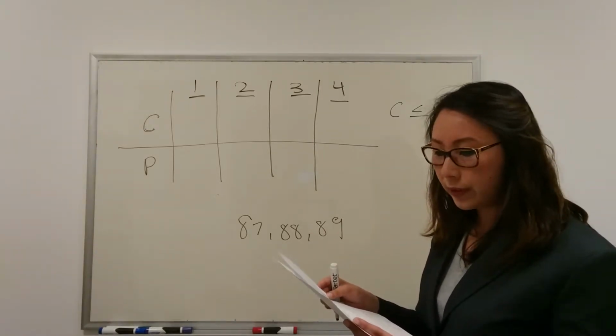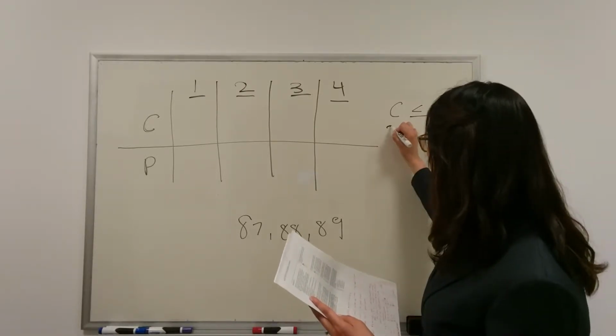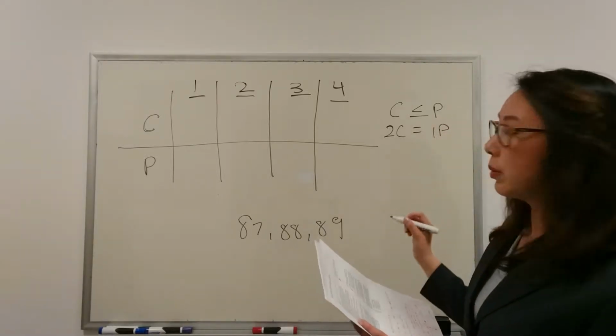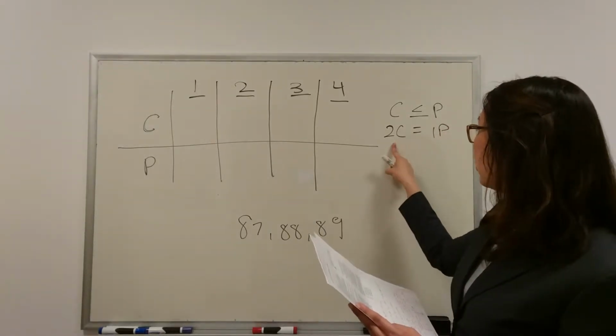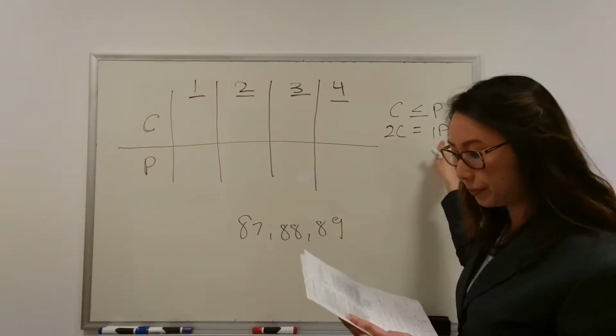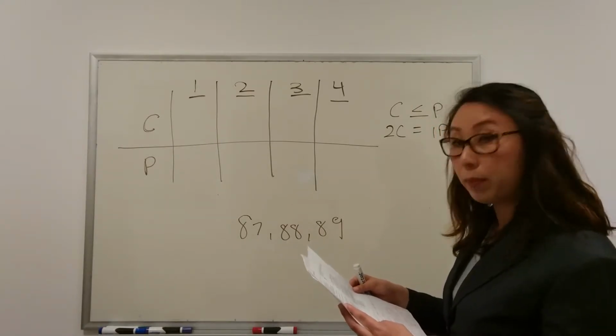The computer in Office 2 and the printer in Office 1 were bought in the same year. So here the shorthand could be 2C equals 1P. This way we know that if we find the value of 2C, we can automatically fill in the box for 1P, and vice versa. The computer in Office 3 and the printer in Office 4 were bought in the same year.